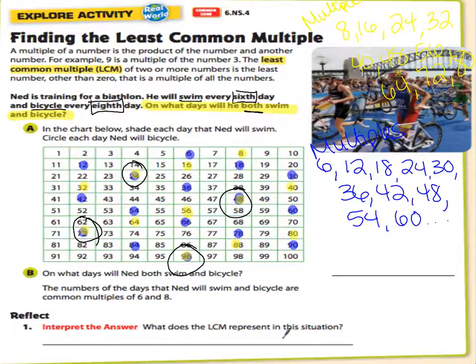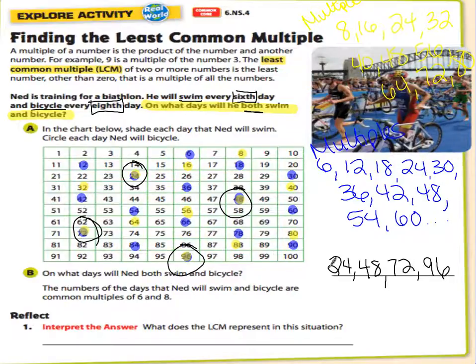So on those days, he would both swim and bike. So on day 24, he would swim and bike. On day 48, he would swim and bike. 72, 96. On each of those days, he would do both. Okay, so in this case, the common multiples are the days that he will do both activities.